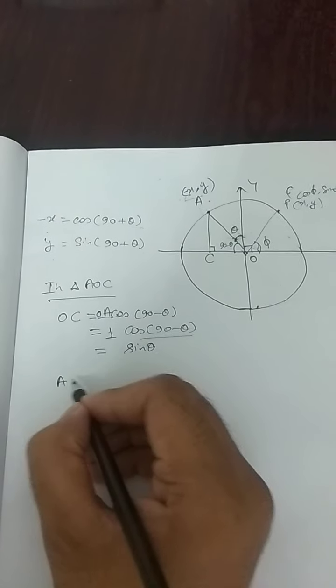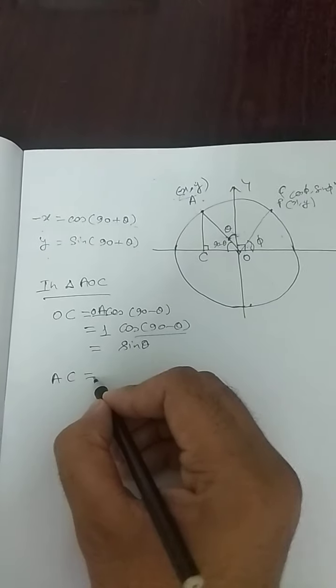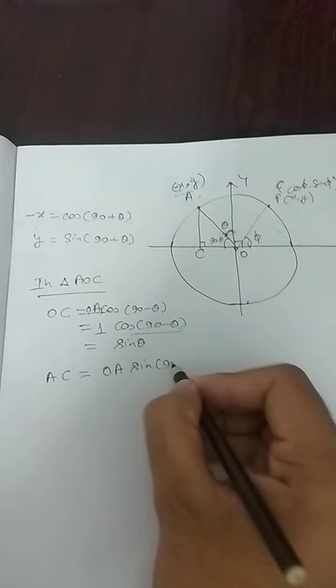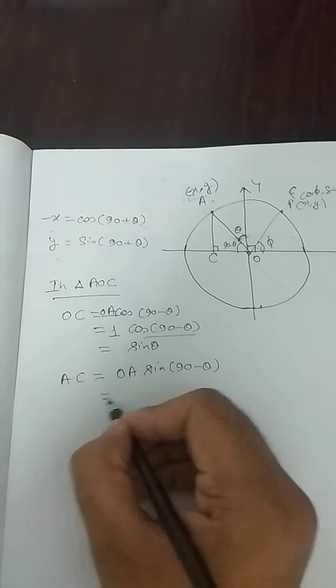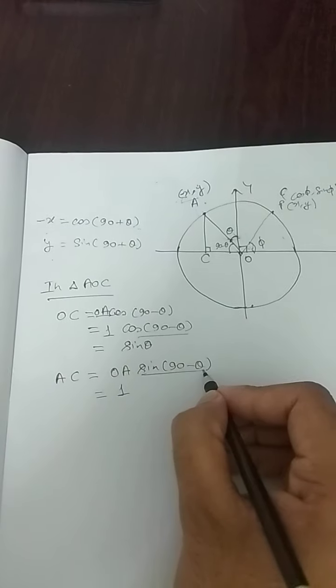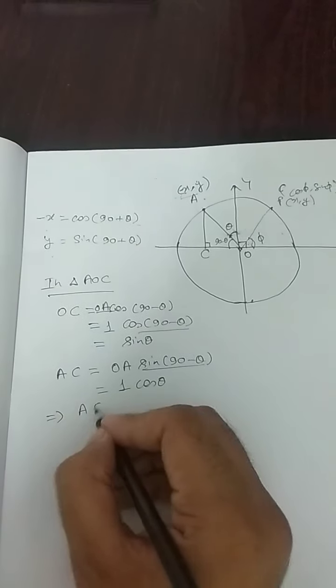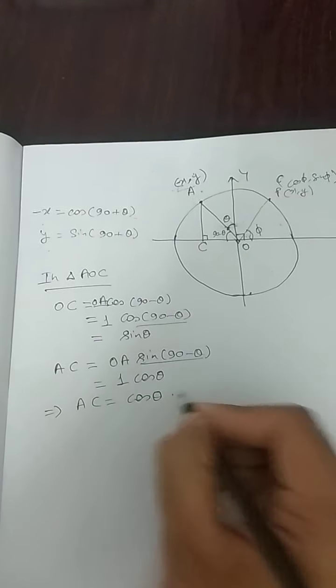Similarly, we shall get AC equals OA into sine of 90 minus theta, and OA is 1, and sine 90 minus theta will be cos theta, and that implies AC equals cos theta.